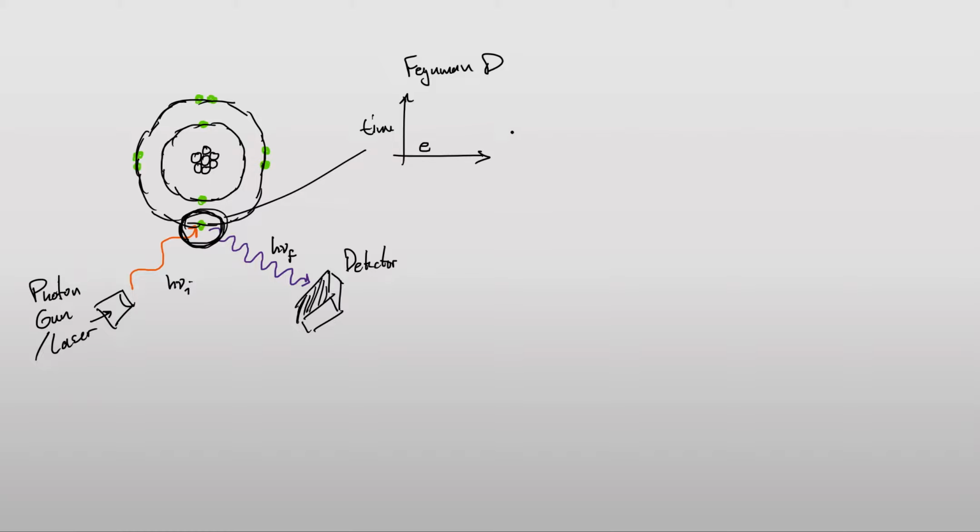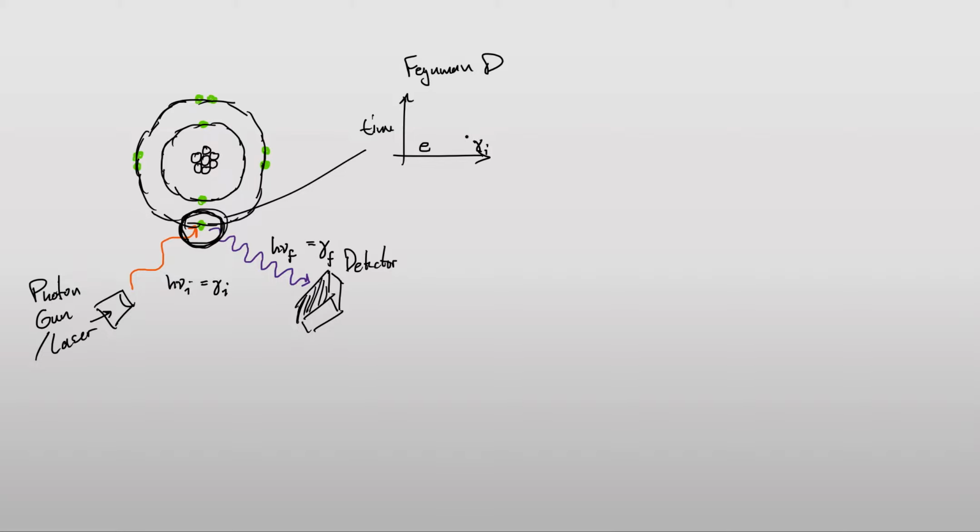At the same moment in time, we have an electron and a photon. Okay, and this is our photon right here. This is our outgoing photon. So photon incoming, photon final. So this is our photon incoming.